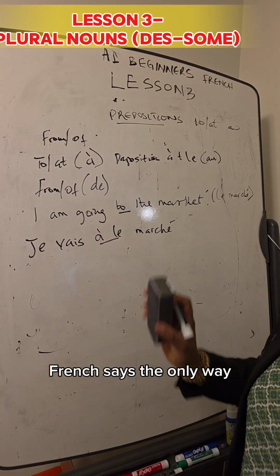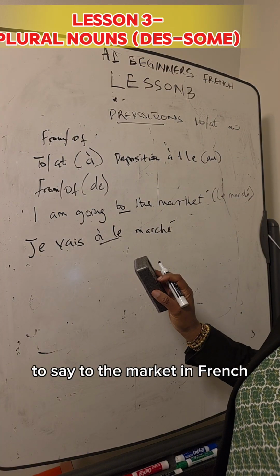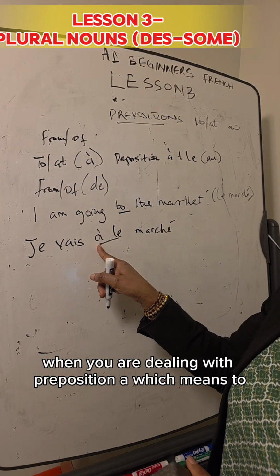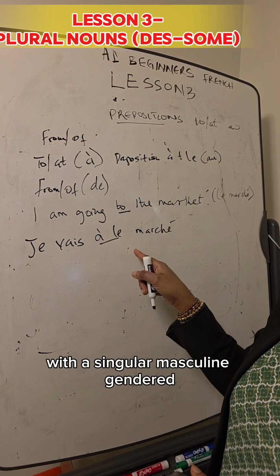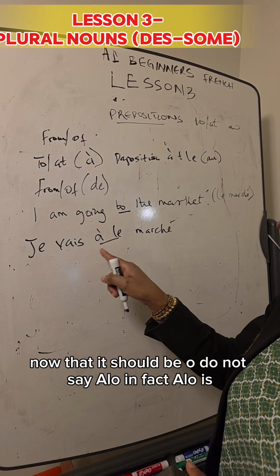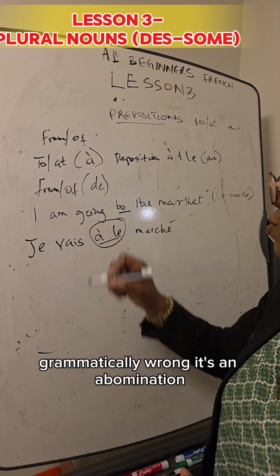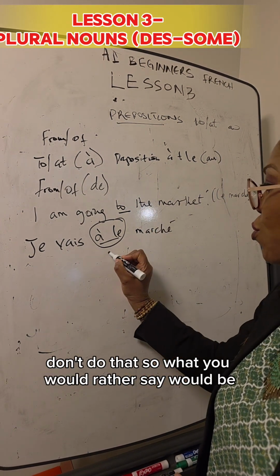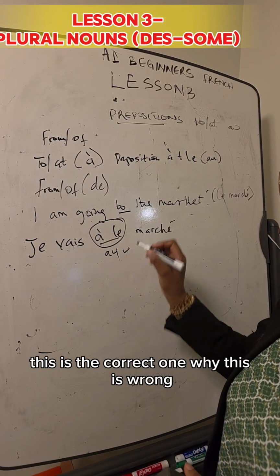French says the only way to say to the market, when you are dealing with the preposition à, which means to, with a singular masculine gendered noun, is au. Do not say à le. In fact, à le is grammatically wrong. It's an abomination. Don't do that. So what you would rather say would be je vais au marché. This is the correct one.